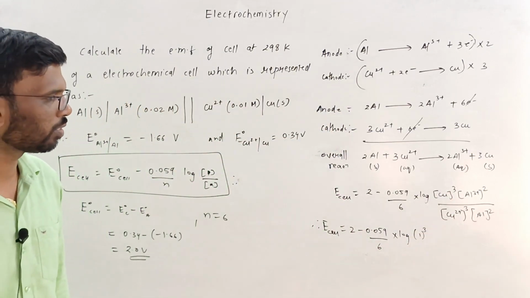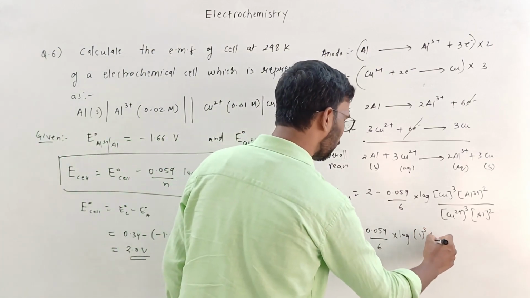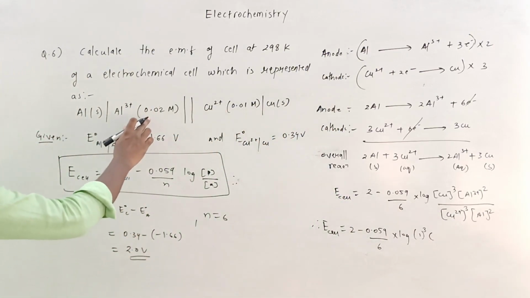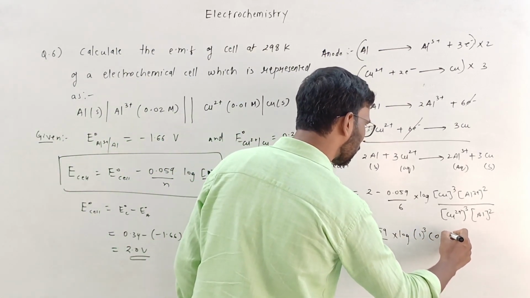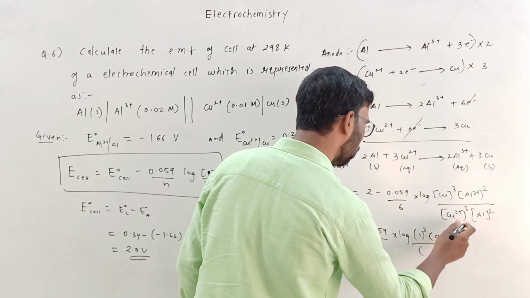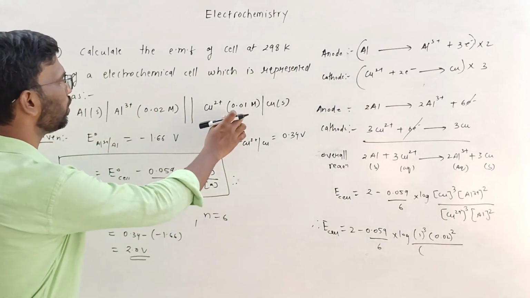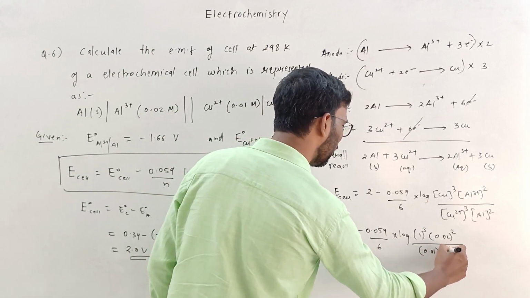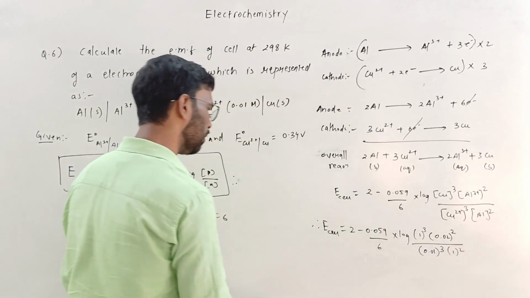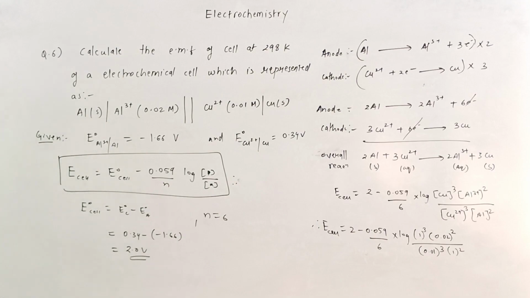Concentration of a solid is considered to be unity. Concentration of Al3+ is 0.02, the whole square. Here Cu2+ is 0.01, the whole cube, and this is 1 square.